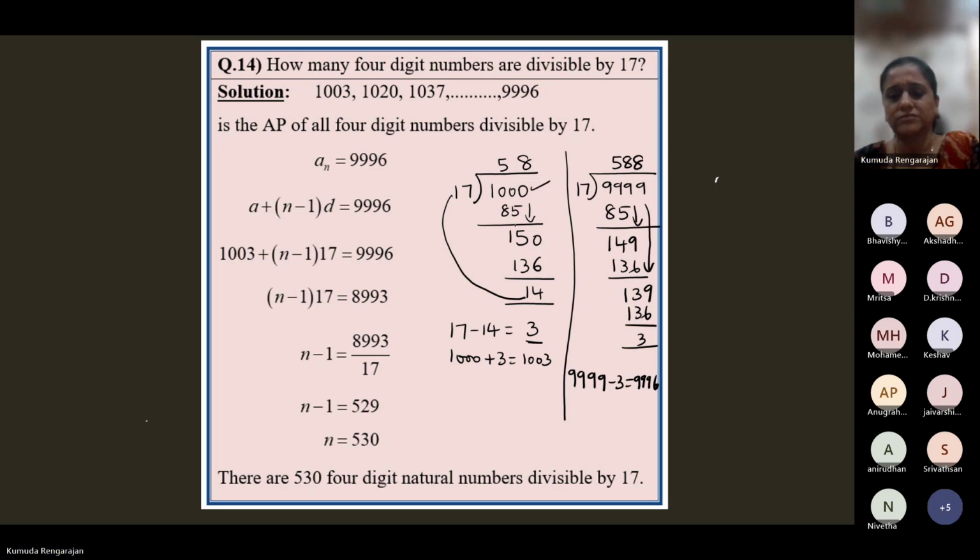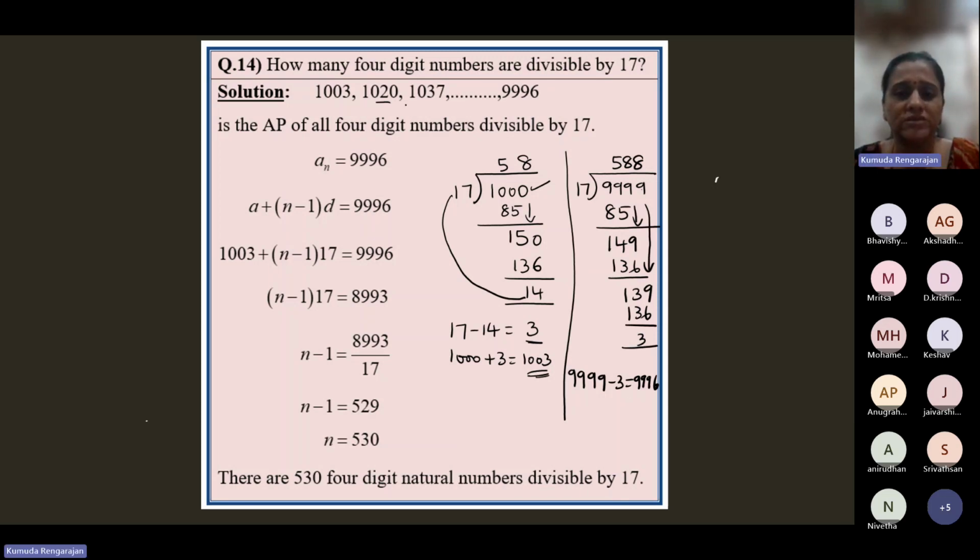So this is the first or the smallest 4-digit number exactly divisible by 17. And to get the last or the greatest 4-digit number divisible by 17, always this procedure: whatever is the remainder, dividend minus the remainder. That will be the last number.